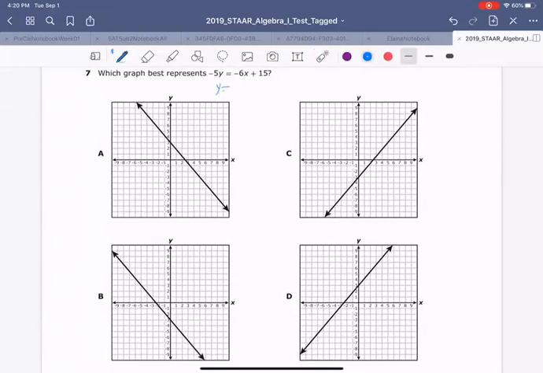So you divide it by -5 for each term, right? So this is 6/5 times x, and then -3. This is a positive slope. This is a negative y-intercept.